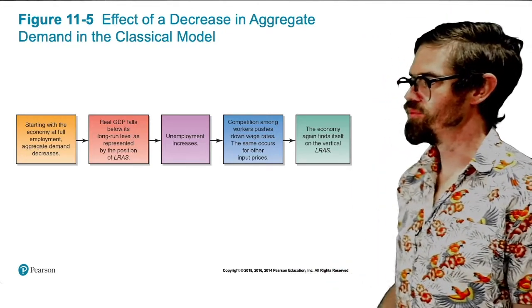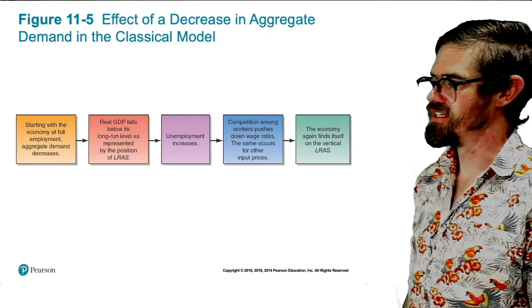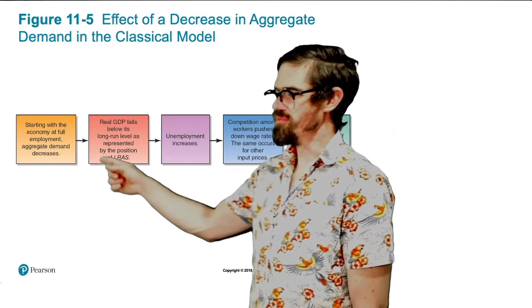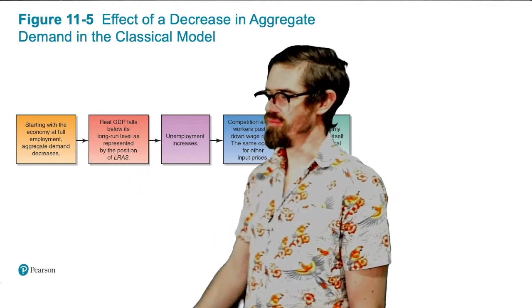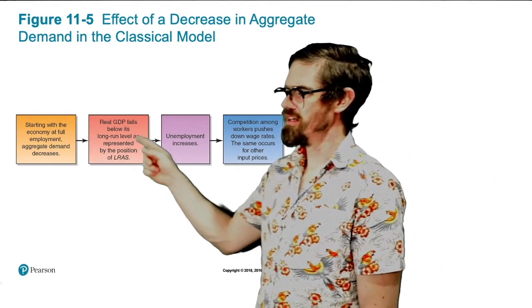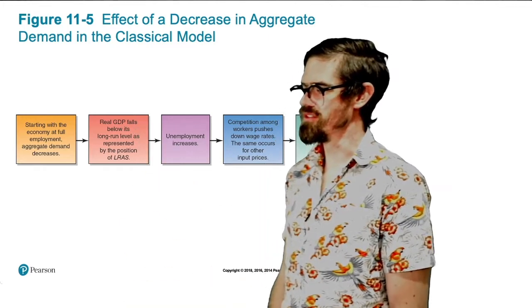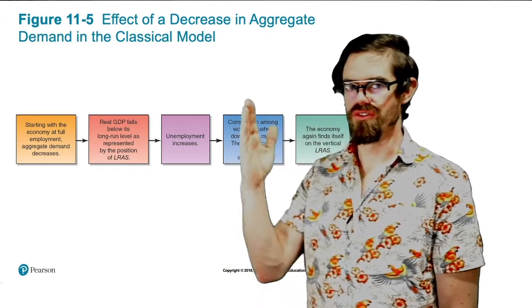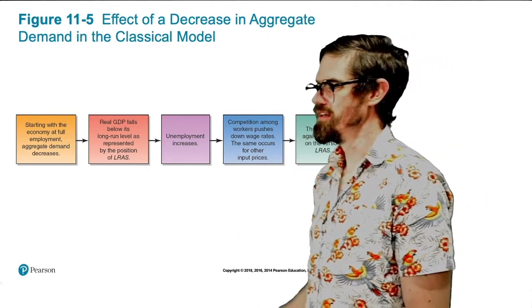All right, what would be the effect of a decrease in aggregate demand in the classical model? Well, if we begin with the economy at full employment and then aggregate demand decreases, real GDP falls below its long-run level, as represented by the vertical long-run aggregate supply curve.